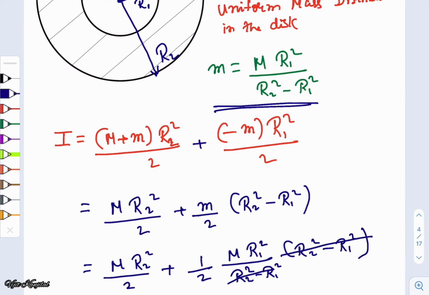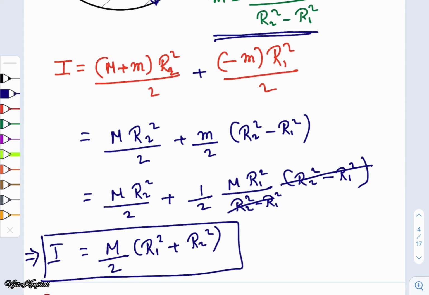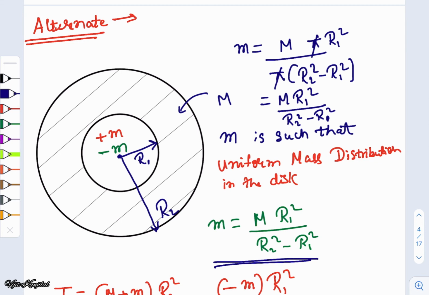So this term gets cancelled out. So what are we left with? We get the result as capital M by 2 times r1 square plus r2 square. That is the same result we obtained before. But here the approach is much smarter and much more efficient. You are going to soon realize the potential of this approach in the next problem.